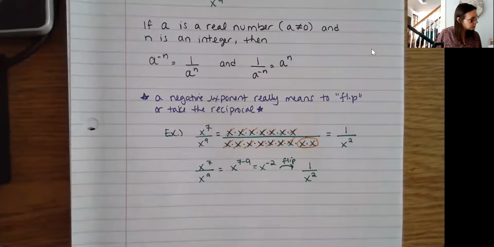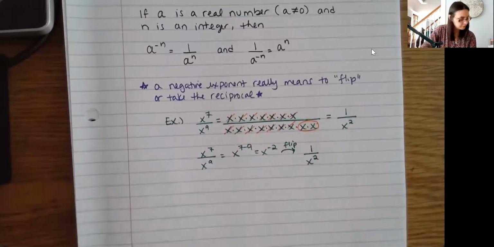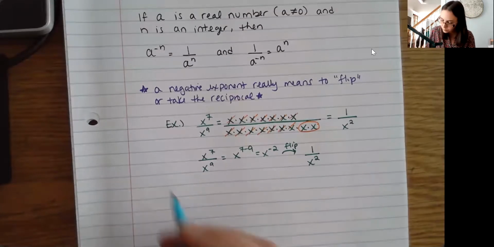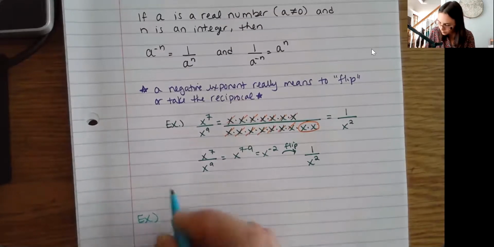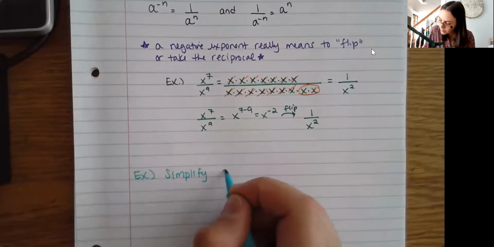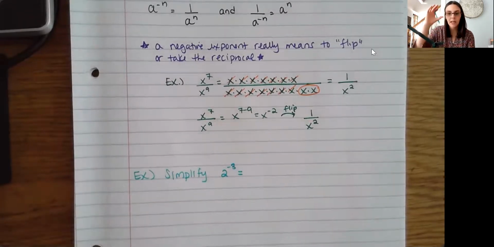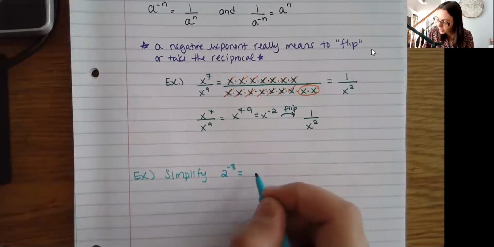All right, let's do a couple more examples. And again, all of these are going to be simplified. I'll just write it one time. So let's simplify something like 2 to the -3. Okay, I see a negative exponent there. It's already in the numerator, right? There's no denominator here. So I'm going to flip it down.